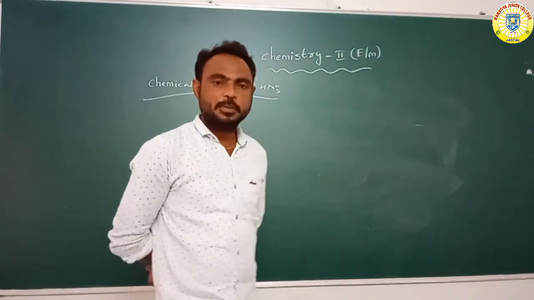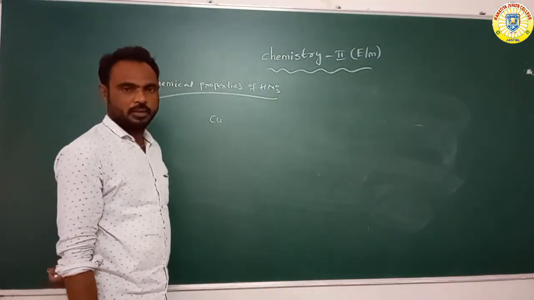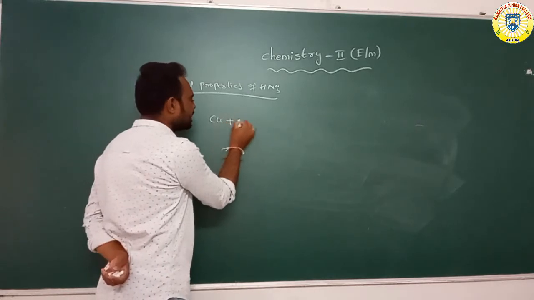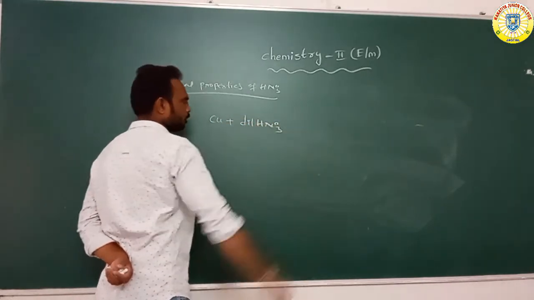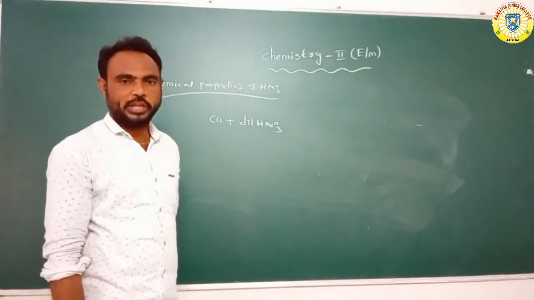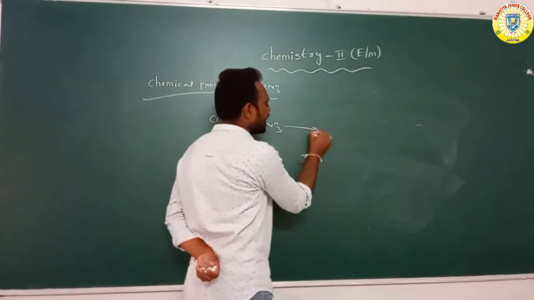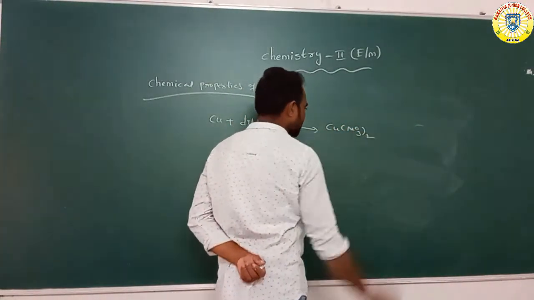Suppose, for example, we take copper metal. This copper metal reacts with dilute HNO3, and in this reaction it forms Cu(NO3)2.